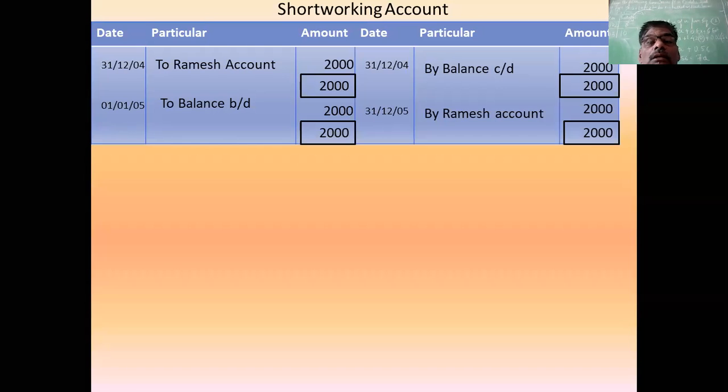Tomorrow I will solve one problem based on lessor: what are the journal entries in the books of lessor, and then how to prepare the ledger accounts in the books of lessor. And day after tomorrow I will change to the next method. This is the first method. One more method is there, that is the minimum rent method, and I'll go for the minimum rent method day after tomorrow.